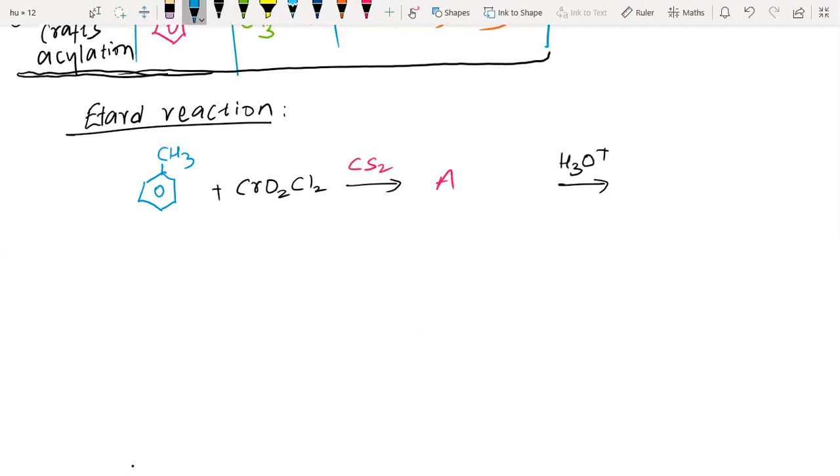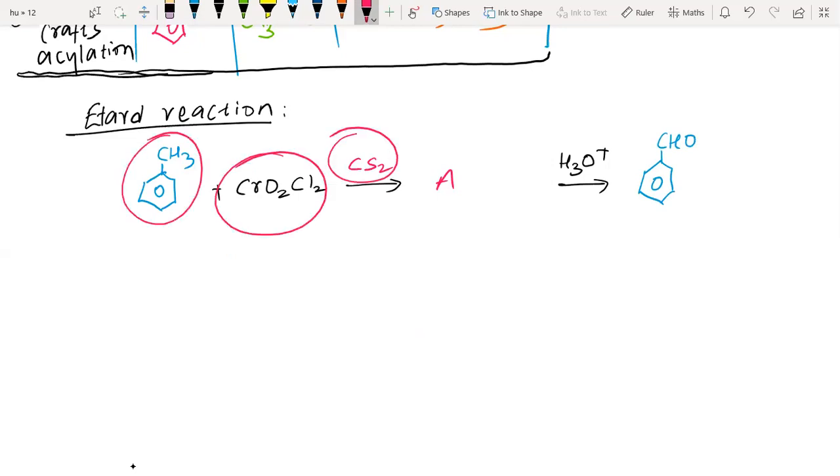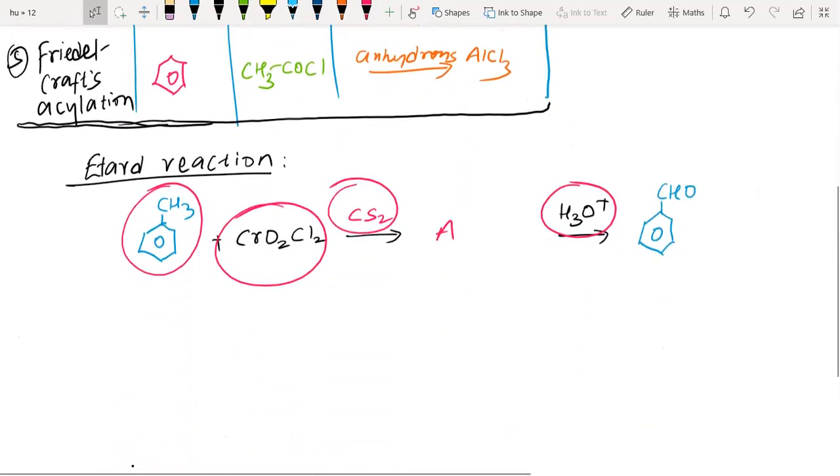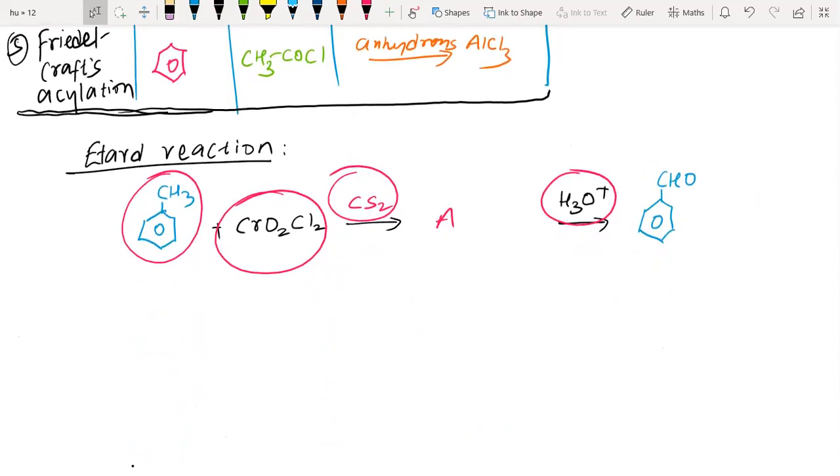As you know, our final product is benzaldehyde. All this knowledge of main material, add and arrow is obtained from this table. What we must know is the main material and what is added.